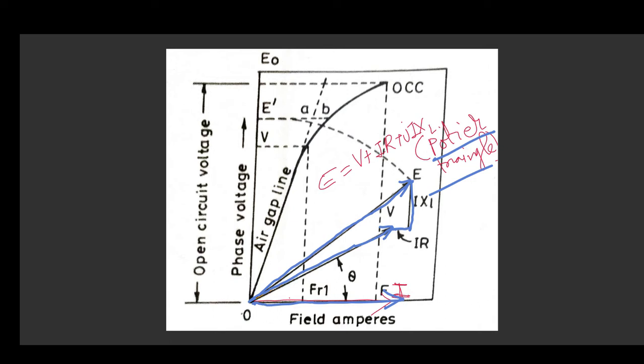Now this voltage OE, if I take a compass and set this much arc and try to draw an arc, where will it go? It will go to this point, this arc I am talking about.